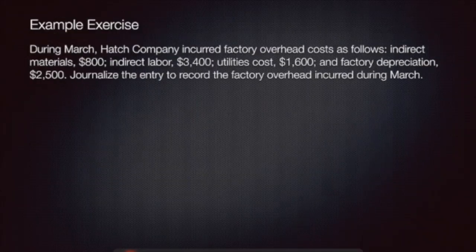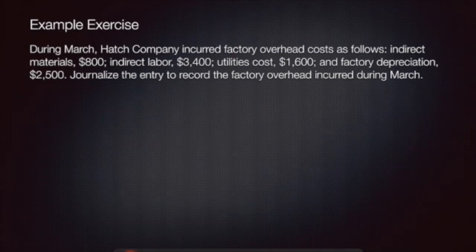Example exercise. During March, Hatch Company incurred factory overhead costs as follows: indirect materials at $800, indirect labor at $3,400, utilities cost at $1,600, and factory depreciation at $2,500. So we have to journalize the entry to record the factory overhead incurred during March.